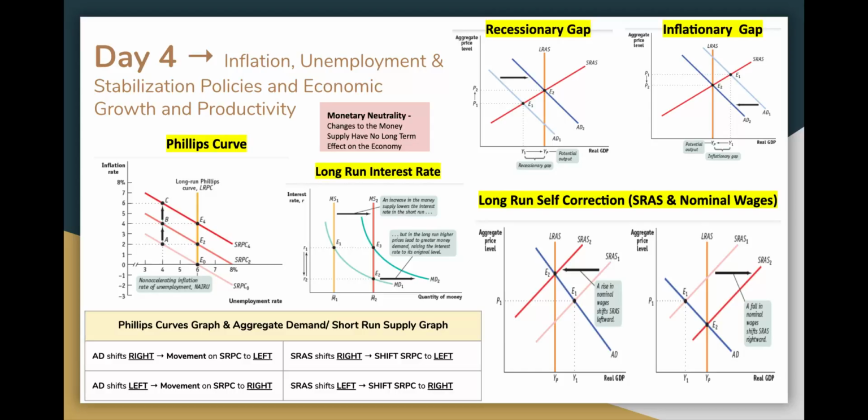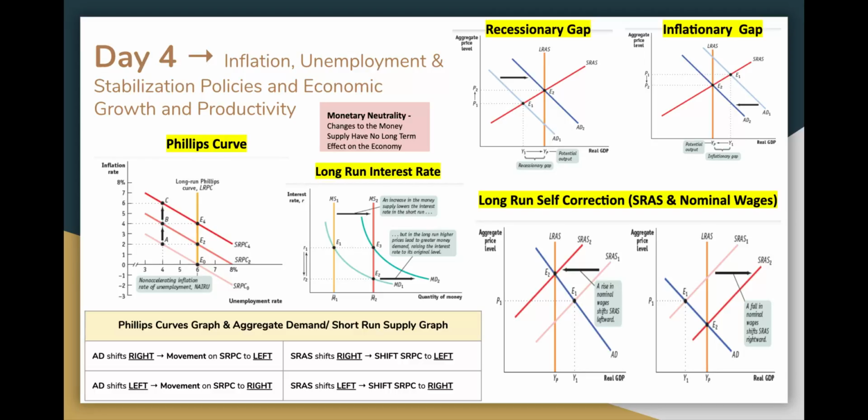It costs more for me to get bread. It costs more for me to pay rent or anything else. I'm going to need a raise. And it doesn't happen right away. That's why we're talking about something that happens in the long run. But in the long run, because prices are higher, wages go up.